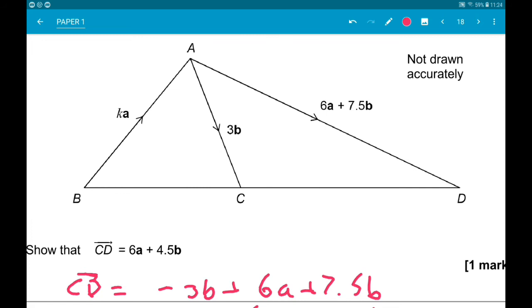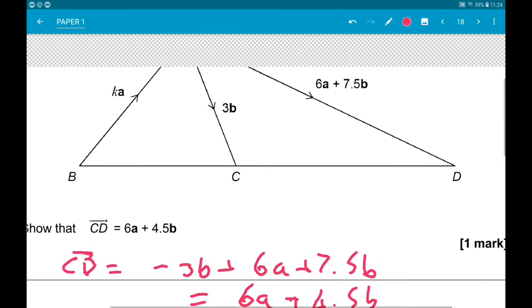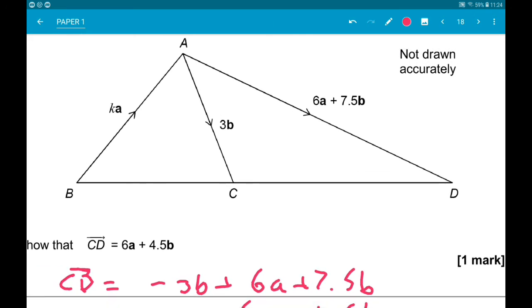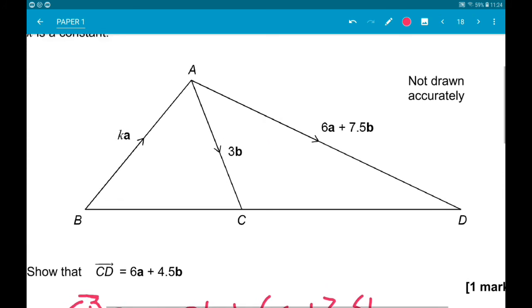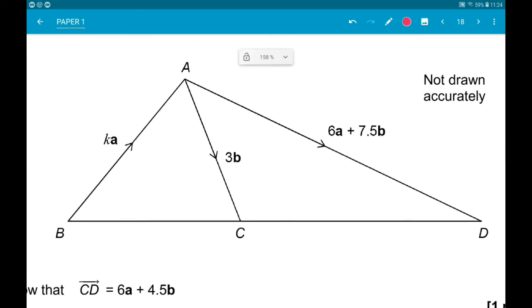So, what we need to do first is work out the vector B to C. So, B to C is going to be KA add 3B.